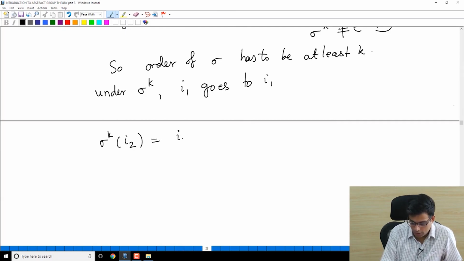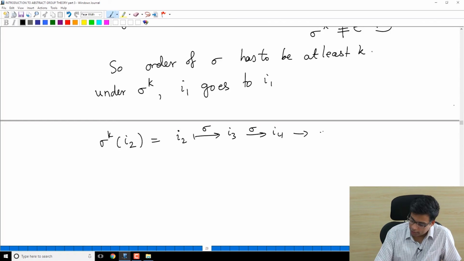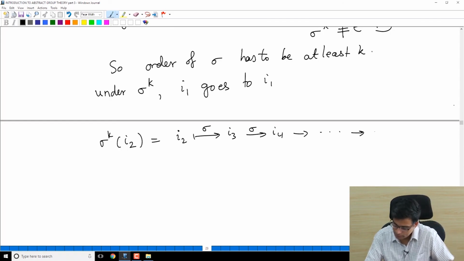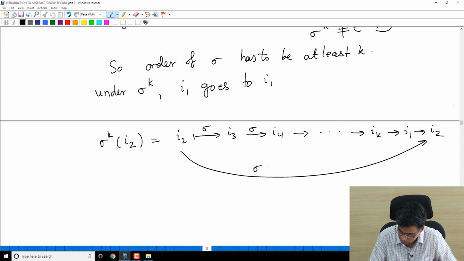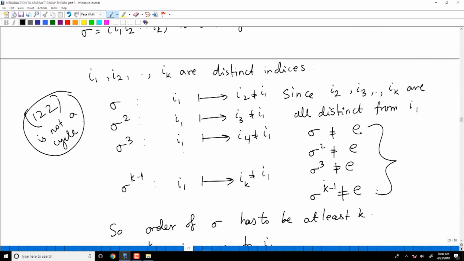So I2, remember, under sigma goes to I3, under again sigma it goes to I4, and if you keep applying this, at some point you will get Ik, then I1, then I2, right? So if you do k times, okay, so sigma k of I2 is also I2 because the same, it's a cycle, right?